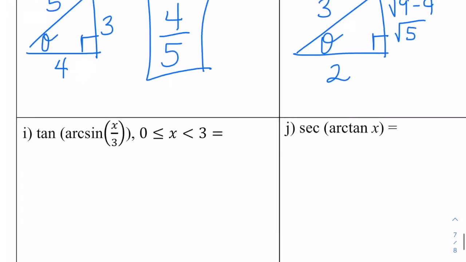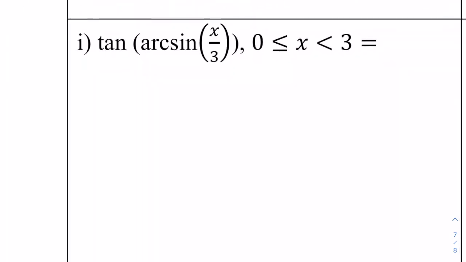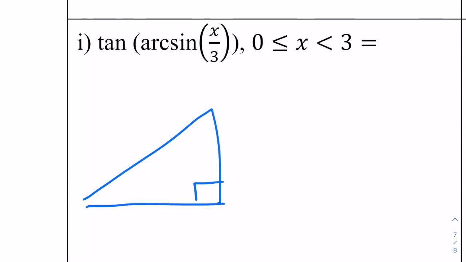Now let's look at the next one. Same idea, right? We're trying to find the angle. So the tangent of arc sine of x over 3. Again, it's opposite over hypotenuse. We have this restriction here because remember, we cannot have a domain value bigger than 1.